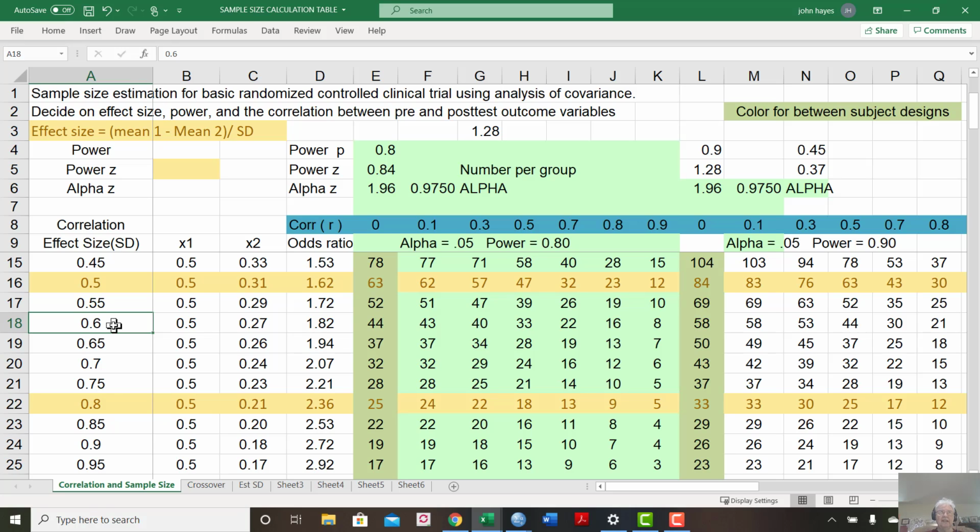The other thing is, in this case, we're looking at measuring a baseline and then follow-up. With any luck, you'll have some information from previous papers that look at the correlation between pre and post studies, and you can get an idea.